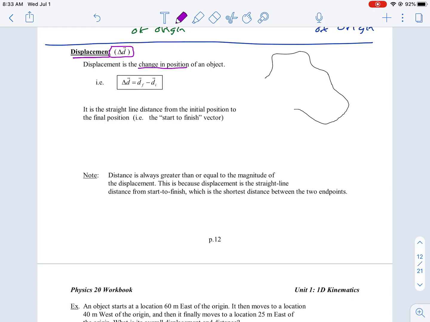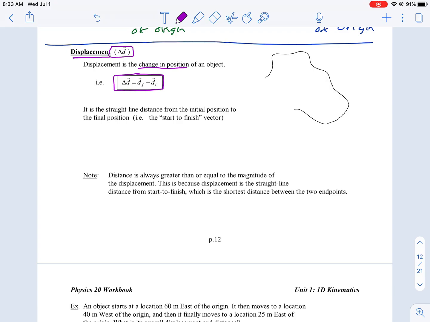The first one is this equation below. That delta D is D final minus D initial. In other words, it's a final position minus your starting position or initial position. And you guys know whenever you have delta, delta will always be final minus initial, as we'll see all the way through the course. Okay, so I'm going to show you guys that later on.